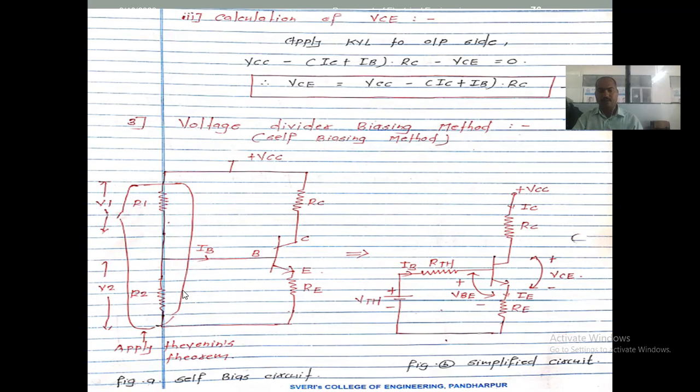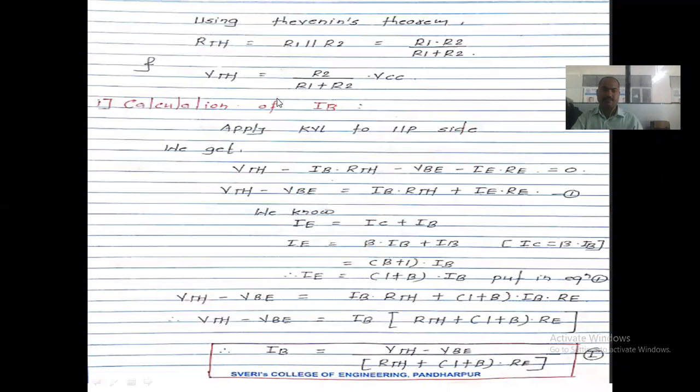So VTH is nothing but R2 divided by R1 plus R2, into plus VCC. That is VTH, the Thevenin's voltage, right?